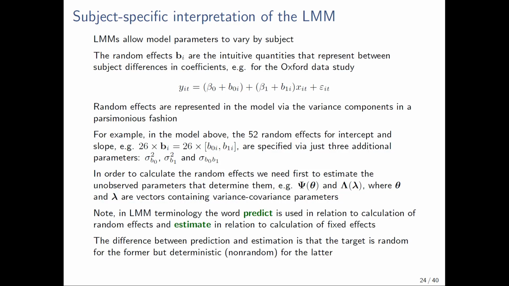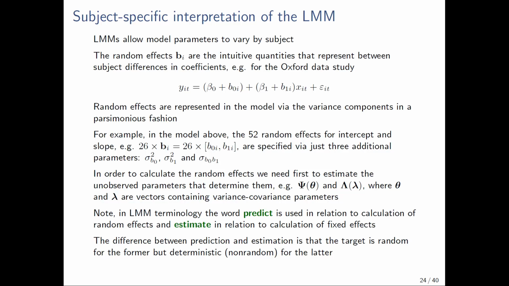The random effects are represented in the model via the variance components in a parsimonious fashion. So the 52 random effects in the Oxford model for intercept and slope, 26 pairs, are specified by just 3 additional parameters: the 2 random effect variances, sigma squared beta naught and sigma squared beta 1, and their covariance.